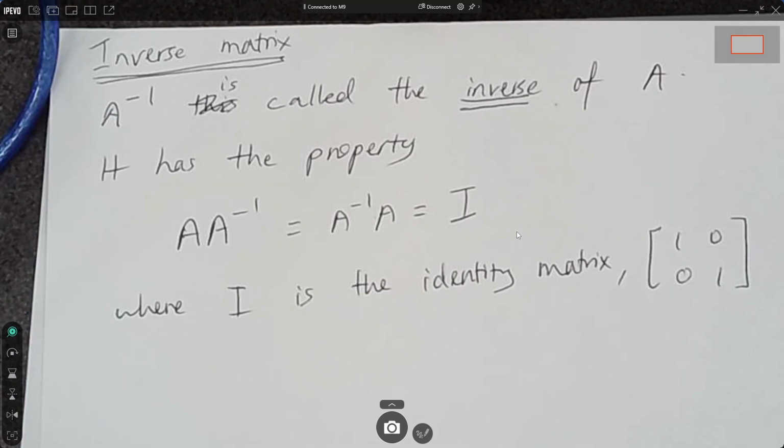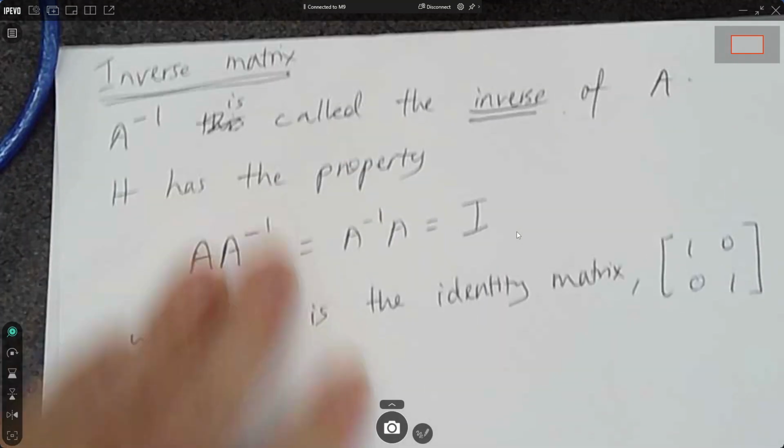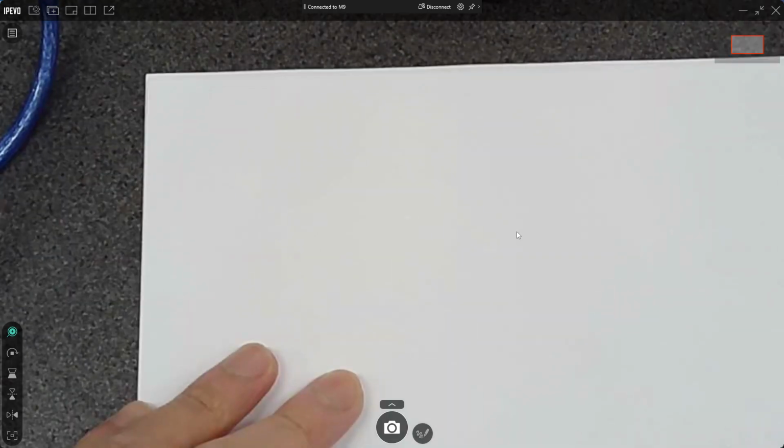All right, let me now explain why we are doing this. To trip down the memory lane to something very early on in the year.